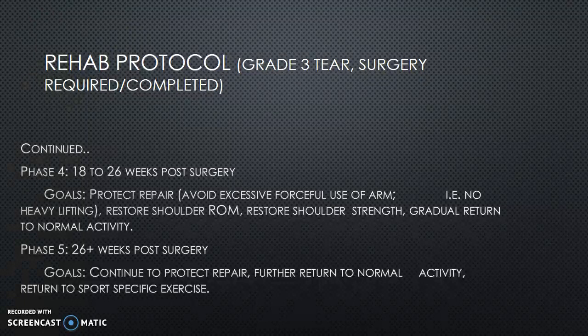Now phase 5, this is going to be the last phase. It's 26 weeks and out. Our goal is to continue to protect the repair. You don't want to go back and injure it again and have to start the entire process over again. That's not what we want. You're also going to further return to normal activity, and at this point you are able to return to your sport-specific exercises.